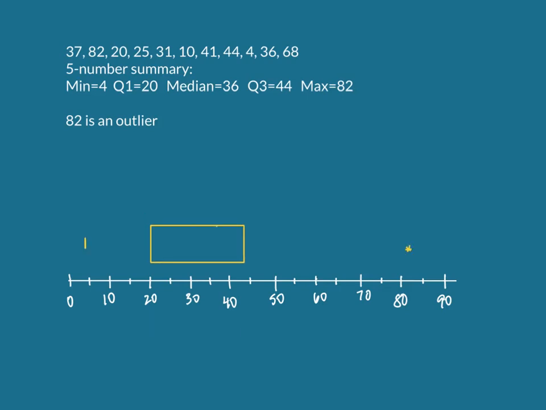Okay, so we've added in our median, which is about 36, and I've noted my outlier over here at 82, and my minimum at 4 here. But remember we said 68 was the next highest value that wasn't an outlier. So I want to plot that. So 68 is right about there, right?